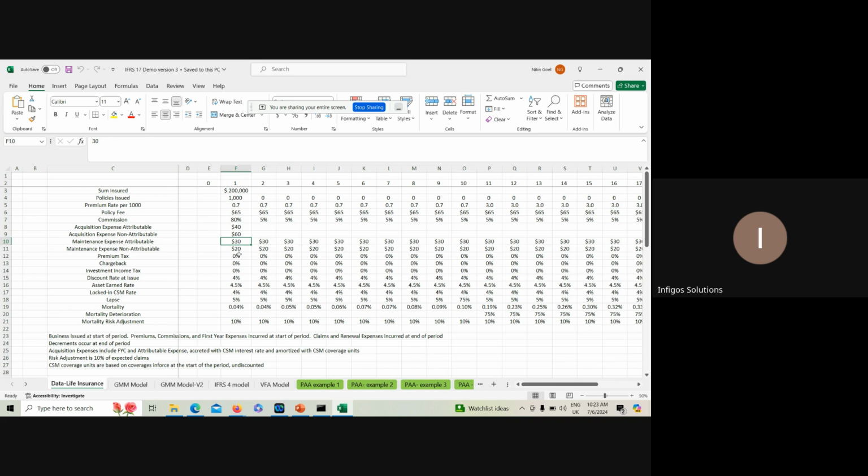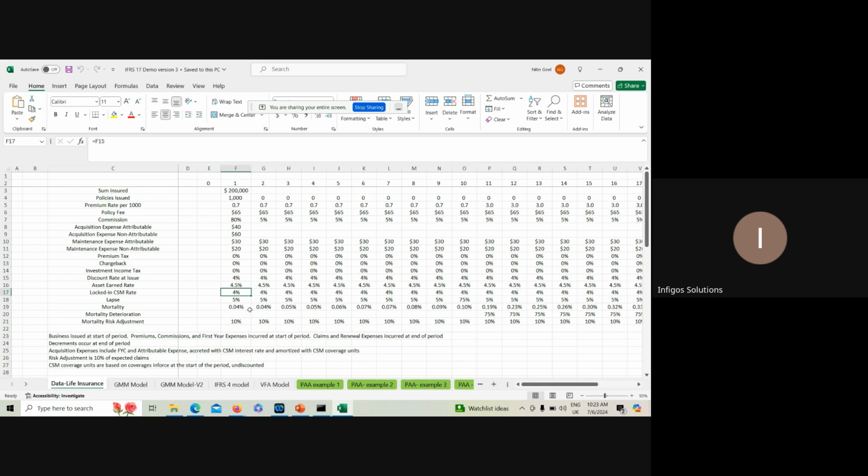This is maintenance expense which is non-attributable. Premium tax, which is zero. Chargeback is zero. Investment income tax is zero because this is not an investment contract. Discount rate, asset earned rate, which basically is like you have put something there in terms of capital and how much interest you are going to get.